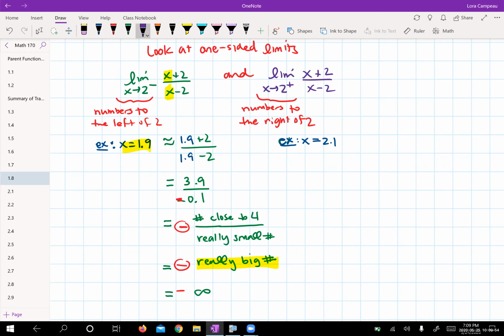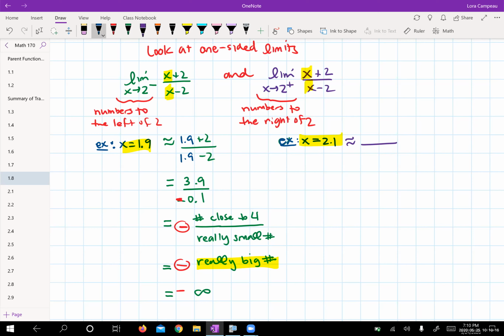We can use direct substitution because the function still exists at this number. So we're going to take x equals 2.1, plug it in for x, and we're going to have an approximation, because we don't have the actual limit, but we have an approximation.